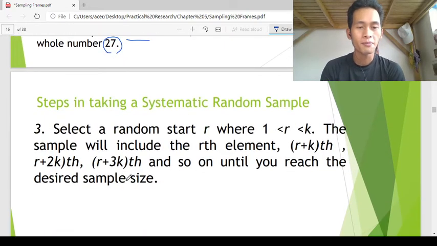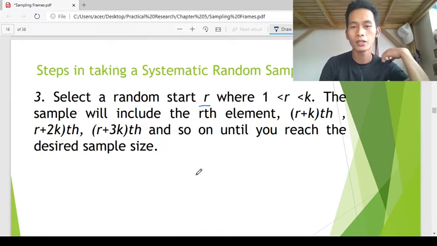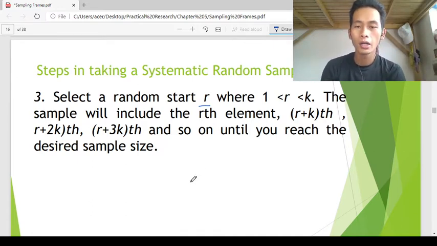Now, step 3, select a random start, or R, right? R represents the random start, where 1 is less than R. So you cannot start at 1. 1 is less than R, and then R is less than or equal to k, right?